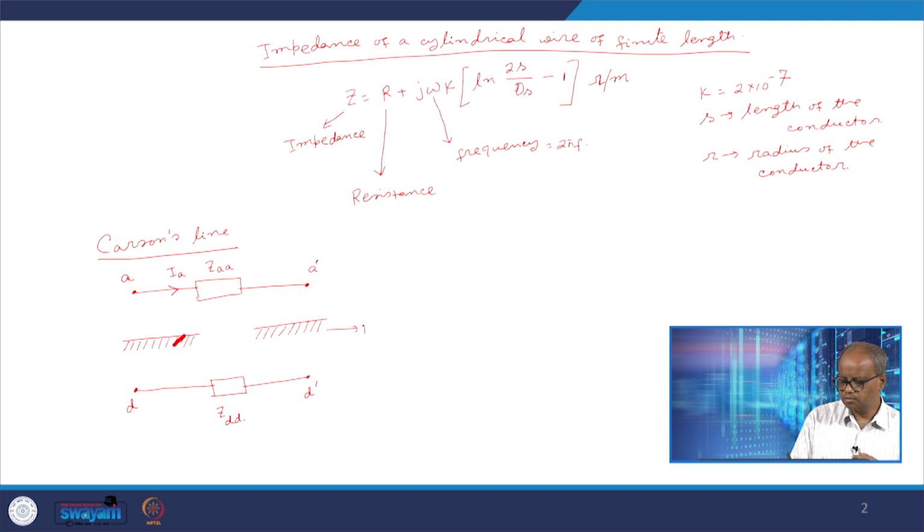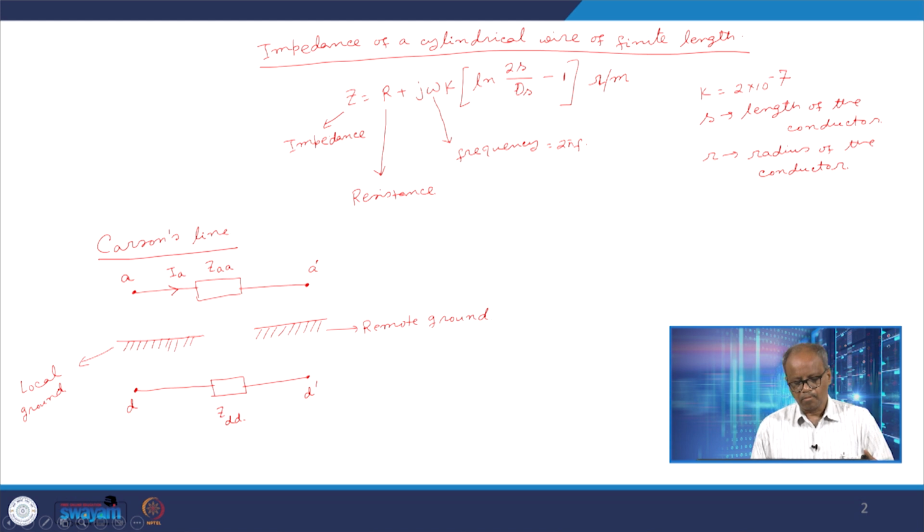So, this is the remote ground, and this is the local ground, and this is connected here, and this is also connected here, and this point is VA.